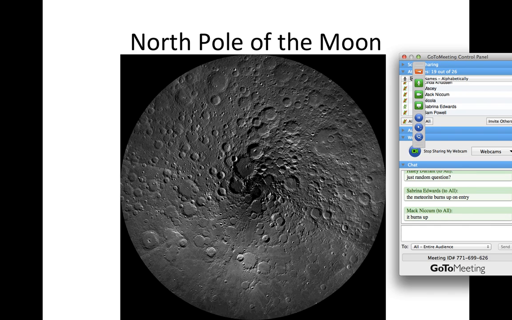That's right, Sabrina. They burn up. That's correct, Mac. So most of the meteorites burn up on entry in the atmosphere. So the atmosphere is basically a shield that protects us. Very few meteorites are large enough to survive entry into the atmosphere and then hit the Earth.